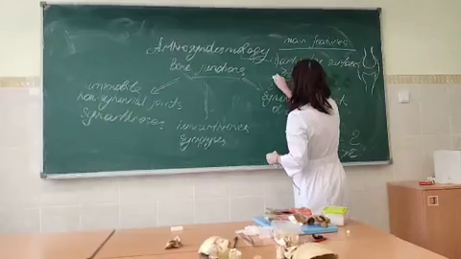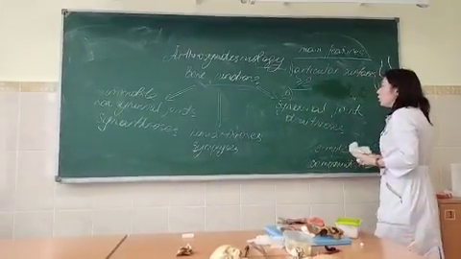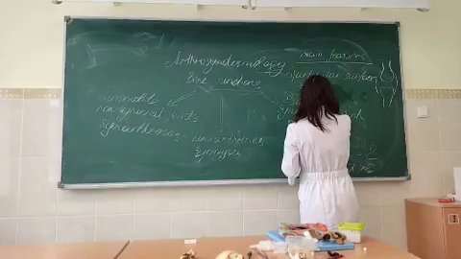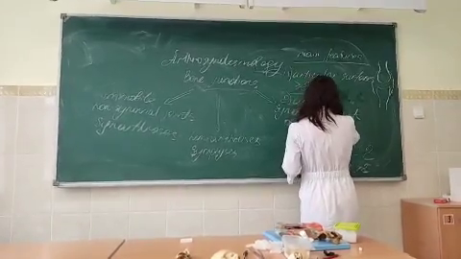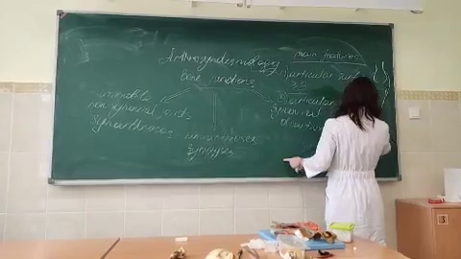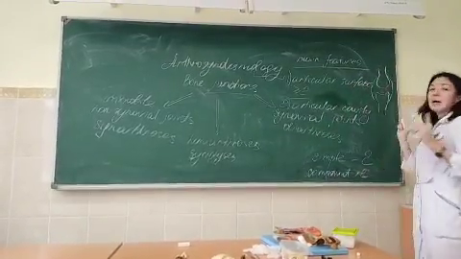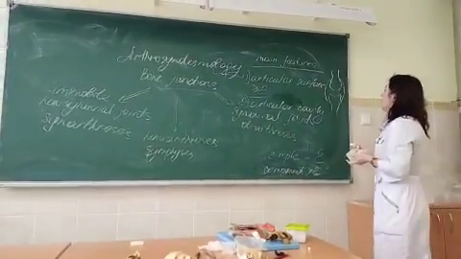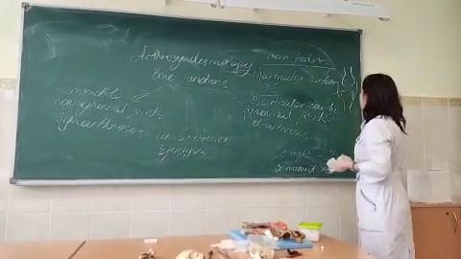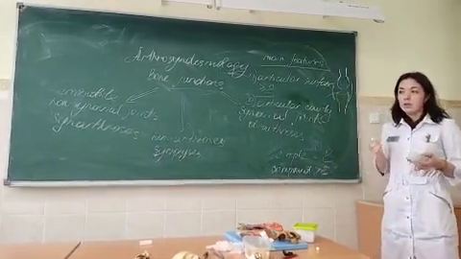The second main feature of a synovial joint is the articular cavity. The articular cavity is a space between articular surfaces. This is the articular cavity.